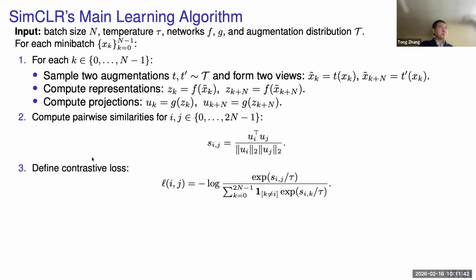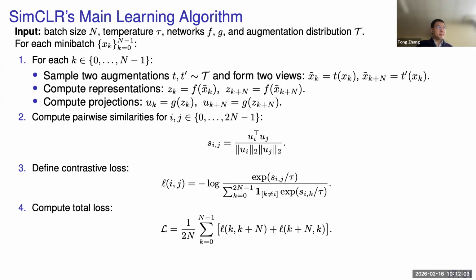You have the contrast loss, which is basically defined for each i, and then you define this j. Actually, this contrast loss should be your final loss over your batch.